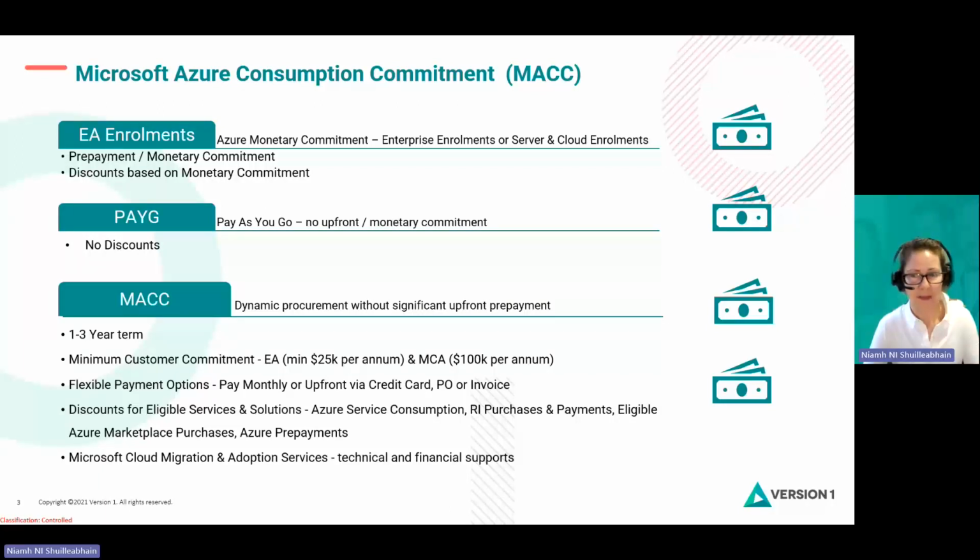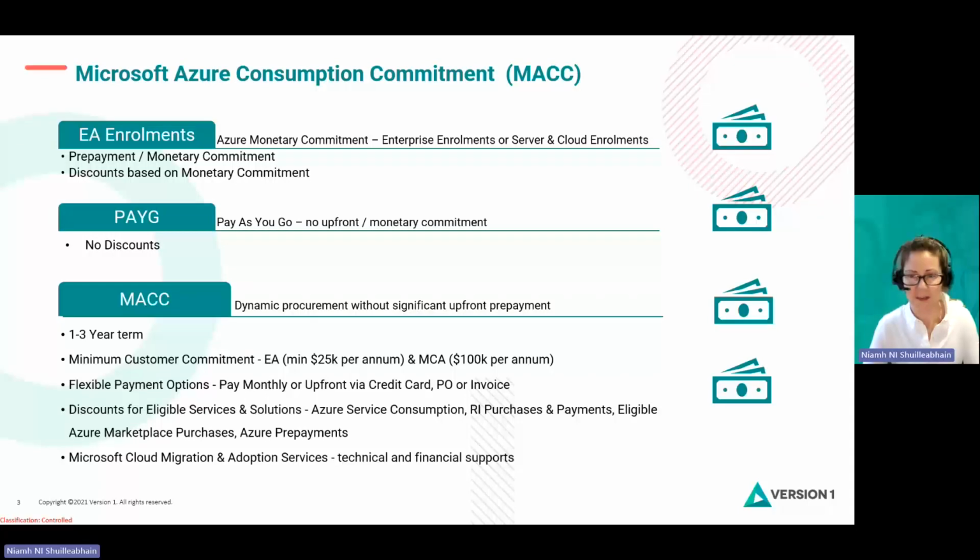It gives Microsoft a platform to provide flexible payment options while providing customers with access to incentives like the Azure commitment discount against the current list price for MACC eligible Azure products and solutions, based on the MACC amount committed to and the MACC term. The service level discount, which is a targeted discount on services where Microsoft seeks to grow market share, and other incentives like Azure credits or Microsoft funded consulting services to drive adoption, such as the Azure Migration Programme and the Microsoft Cloud Adoption Framework.